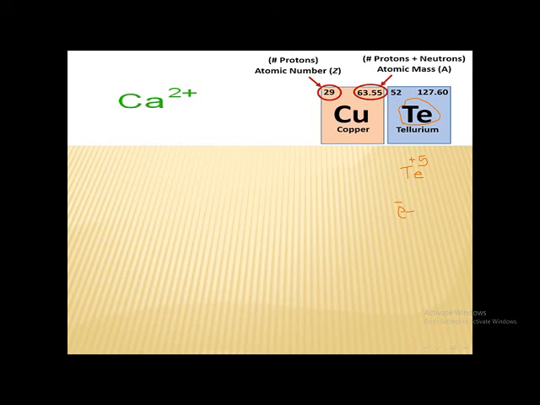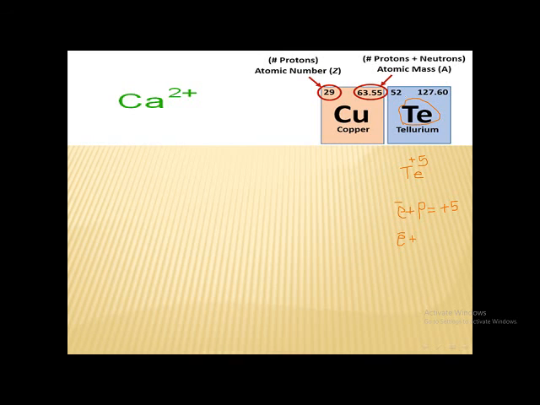We can find it in the same way. The electron plus proton will give you plus 5 total charge, and these electrons we try to find, and the number of protons we have is the small number.